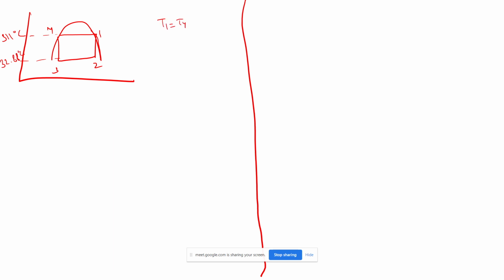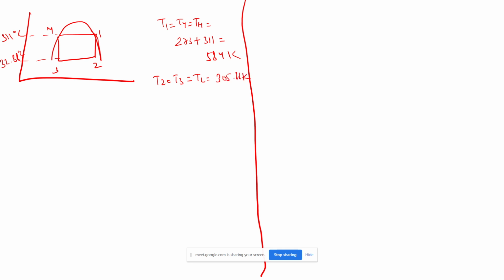T1 equals T4 equals T higher equals 273 plus 311, which is 584 Kelvin. Similarly, T2 equals T3 equals T lower equals 305.88 Kelvin.